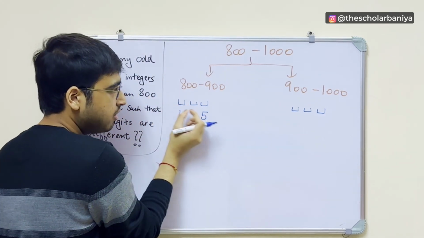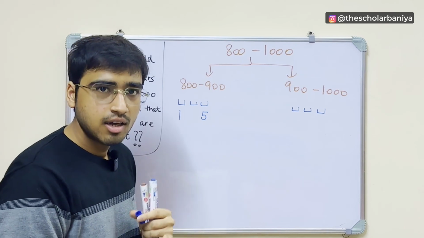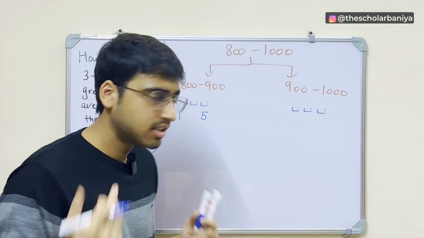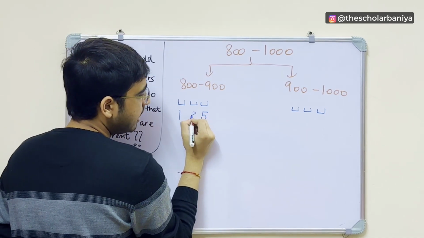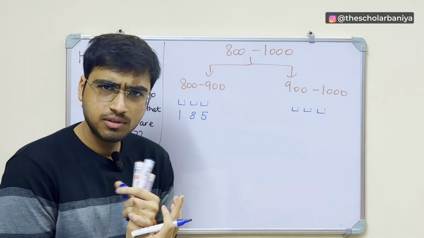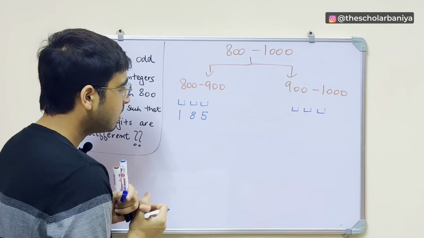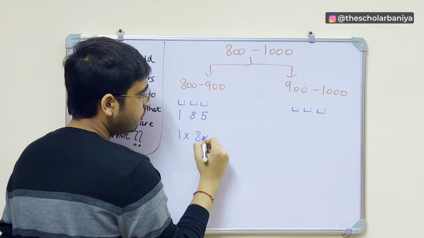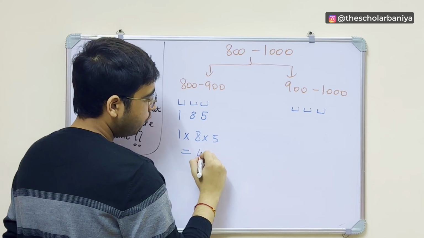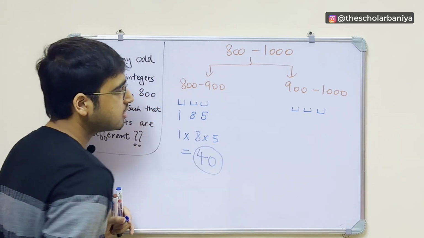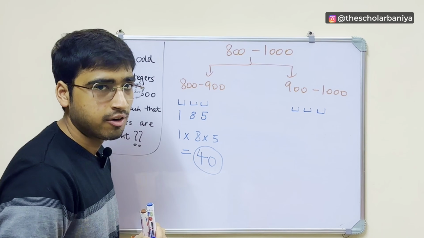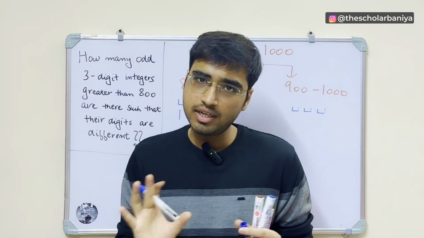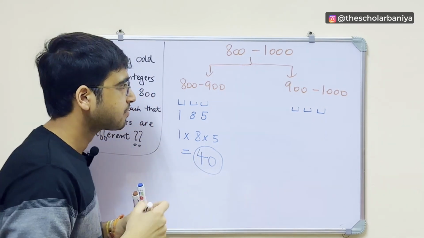One digit is used here, one digit is used here, so we are left with 8 unique digits. So over here we have 8 possible options. So how many total options do we have? 1 into 8 into 5, which means we have 40 total numbers between 800 and 900 which are odd, and all the digits are different.